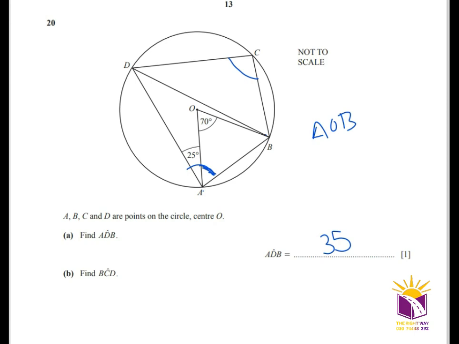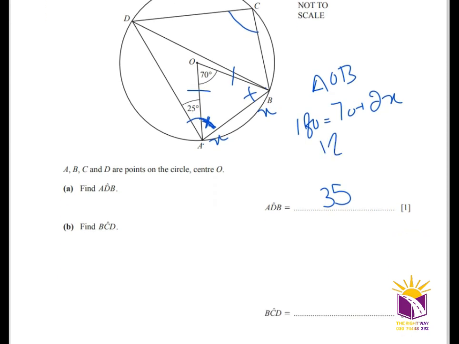It is an isosceles triangle because these two sides are equal to the radius, so the opposite angles are also equal. This angle will be equal to this angle, and 180 will be equal to 70 plus 2x. Why 2x? If this is x, then this will also be x. So 180 minus 70 will be 2x, and x will be equal to 110 divided by 2, which is 55. So your angle will be 55.